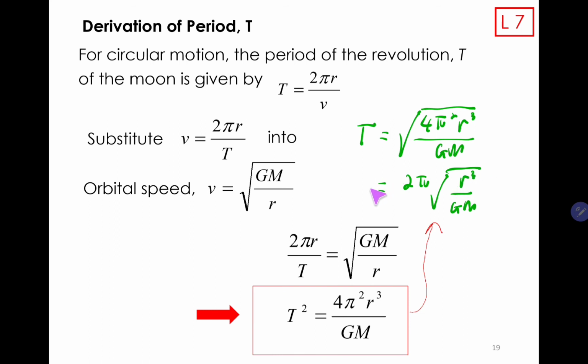This is the equation of period. By completing one complete circle, the time taken is capital T, which is the period. So this is how you get the equation of period. You may memorize this equation, or you may derive it. It's quite simple.